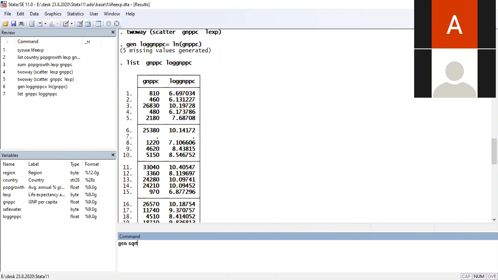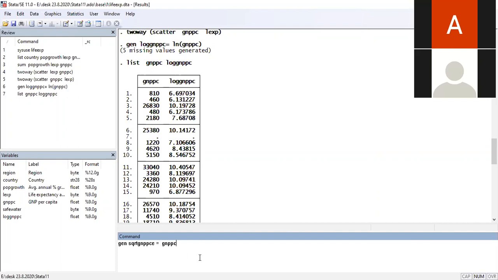SQRT GNPPC, okay? Because this is the square of GNPPC, not any other variable. So let's call it SQRT GNPPC. How do you generate it? Again, SQRT in brackets GNPPC.